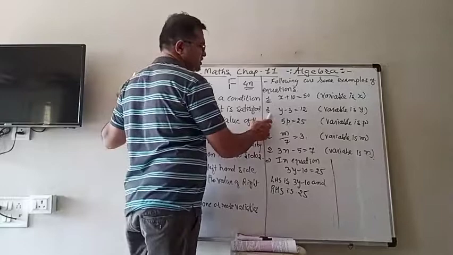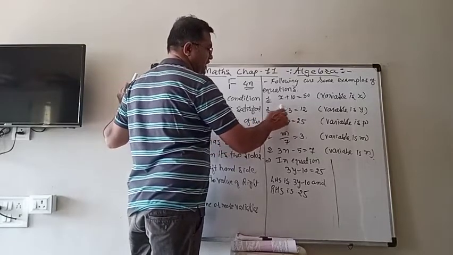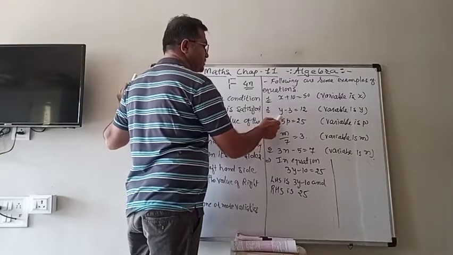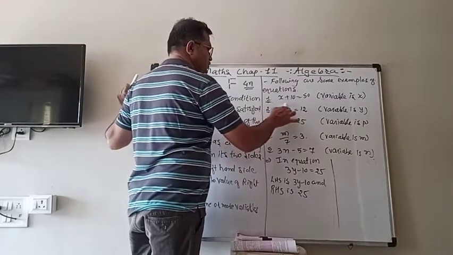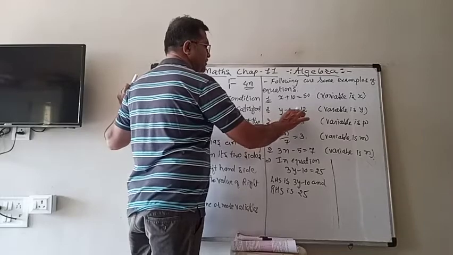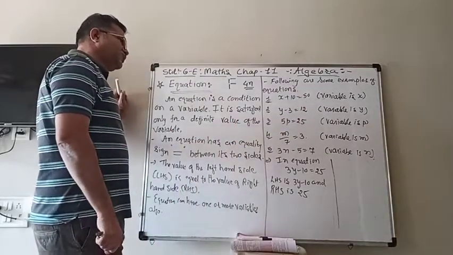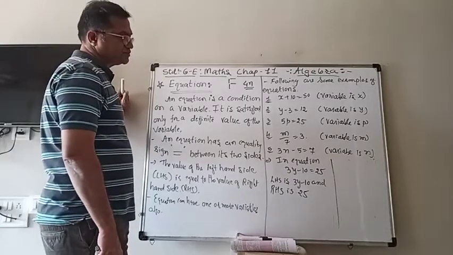For the second equation, LHS is y minus 3, which is on the left side of the equality sign. 12 is on the right side of the equality sign. So 12 is the RHS.